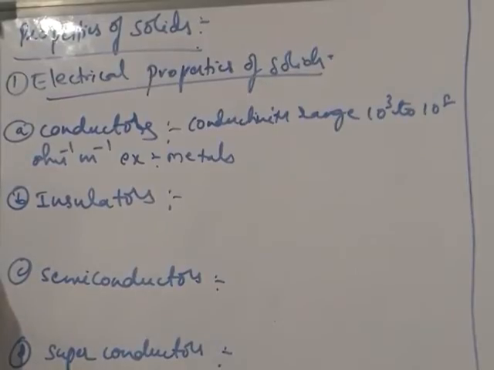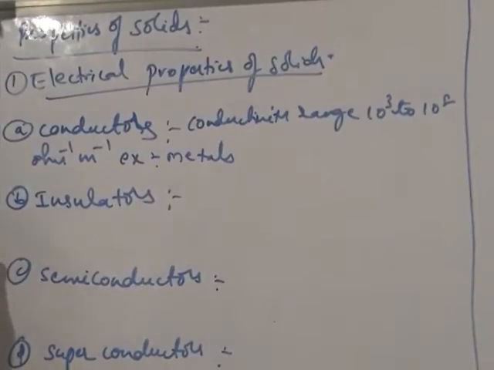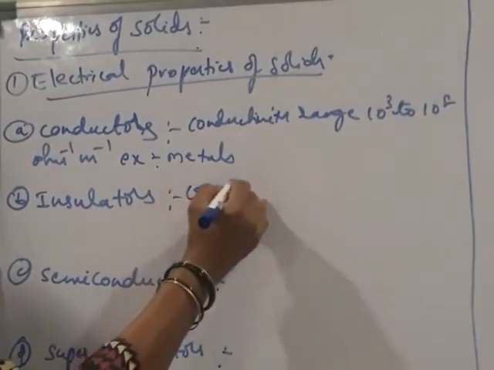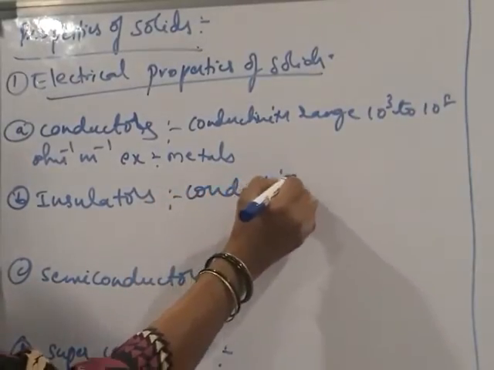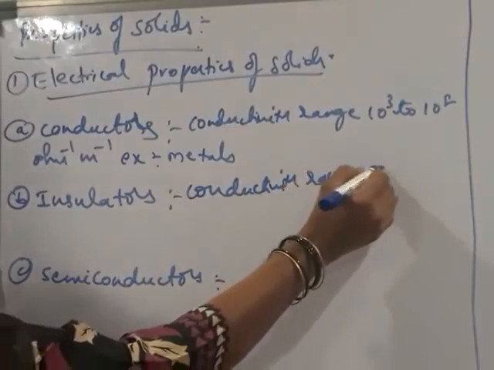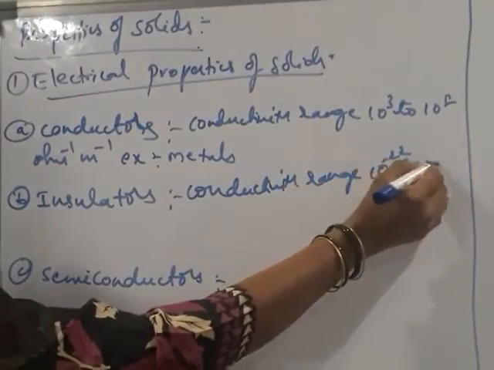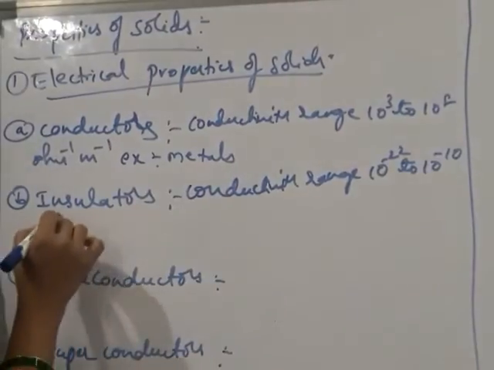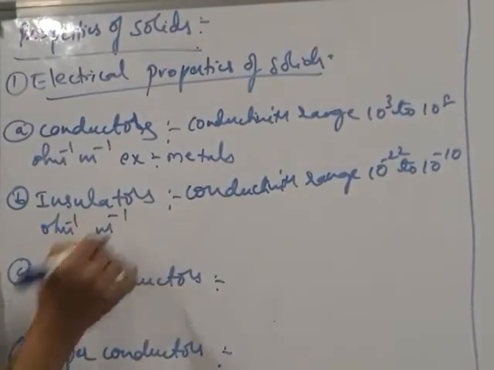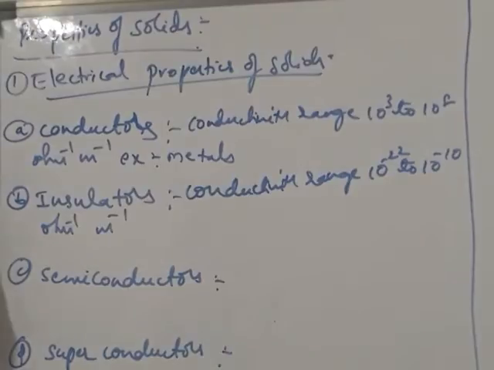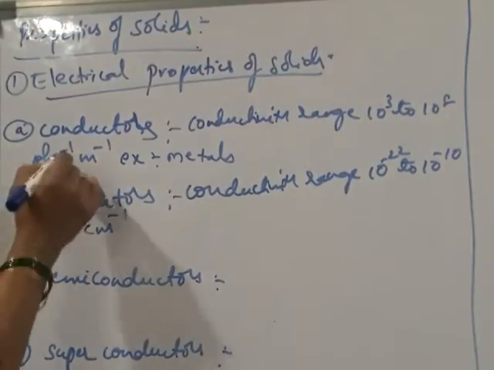Here the conductivity range is between 10 to the power minus 22 to 10 to the power minus 10 per ohm per centimeter.